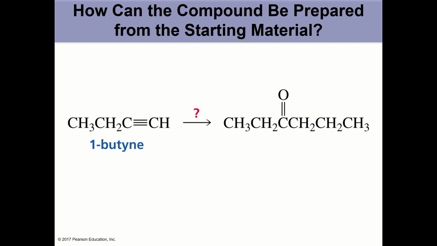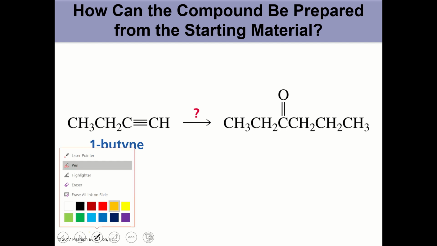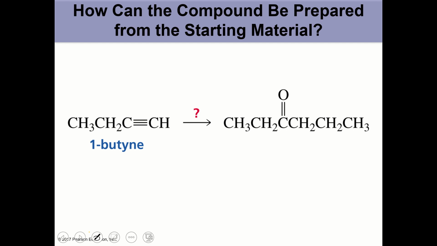Okay, so we've looked at a couple of examples. Now we're going to do some practice problems with this concept. We have a 1-butyne, and we're asking how can we make a 6-carbon alkyne? Well, analyze the problem. What do we need?